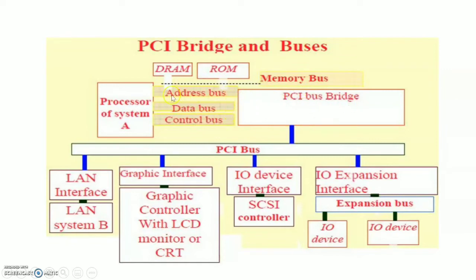Also, there are other buses, which are address bus, data bus, control bus. To have communication between these buses and the PCI bus, you can use a bridge. Also, to connect the PCI with other systems, we can use a bridge. So this is a simple diagram of the PCI bridge and bus connection.